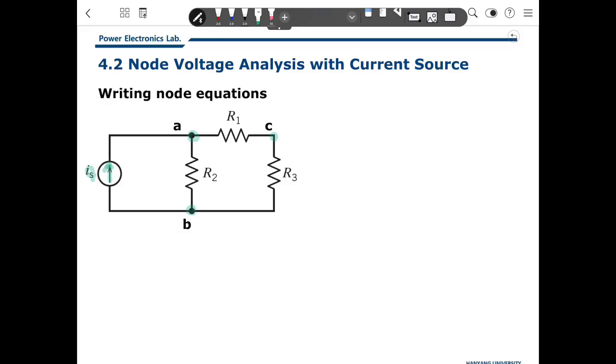We should define the voltage of each node. So I will define the voltage here. This is node A, VA, the node voltage. And this is VB, VC, we say. This is VC.